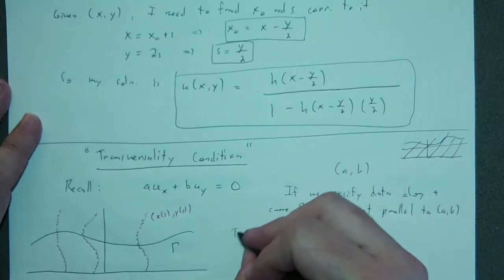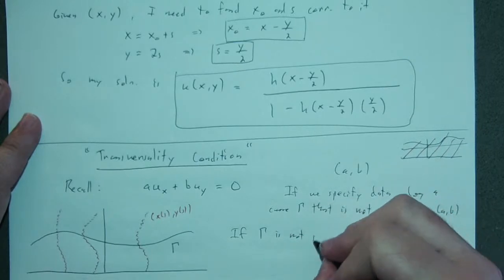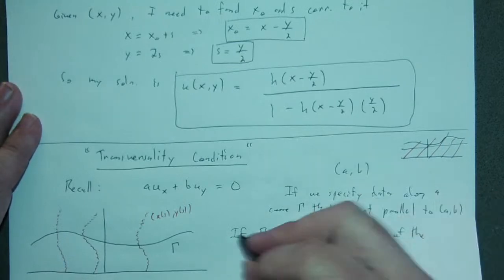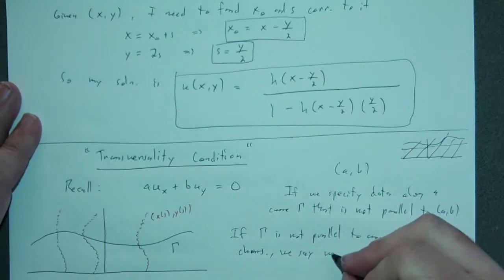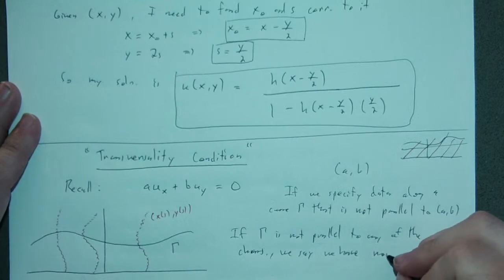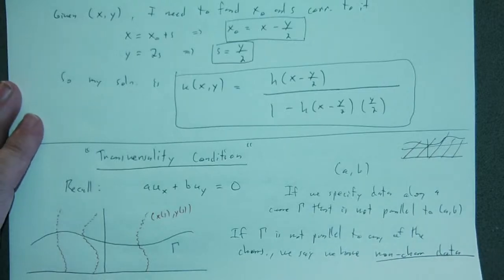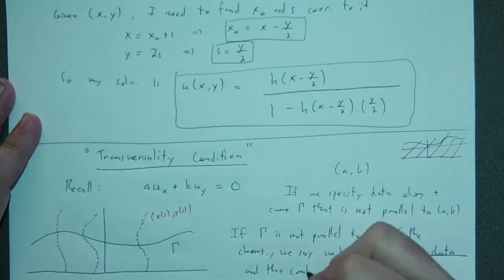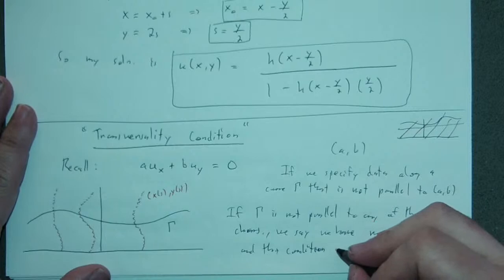So if gamma is not parallel to any of the characteristics, we say we have non-characteristic data. And this condition that guarantees this is called the transversality condition.